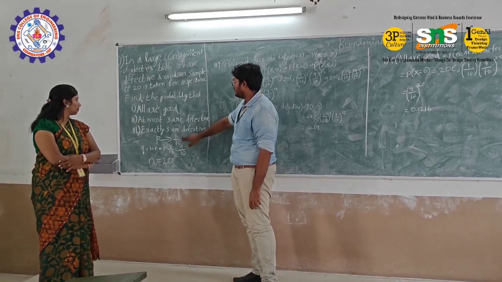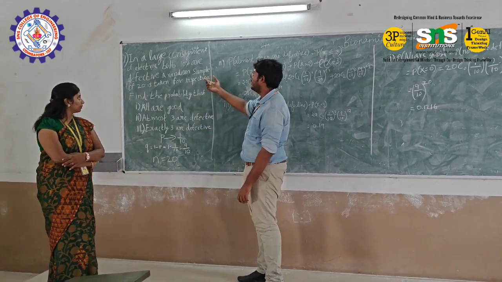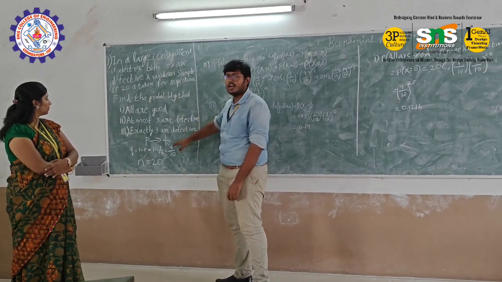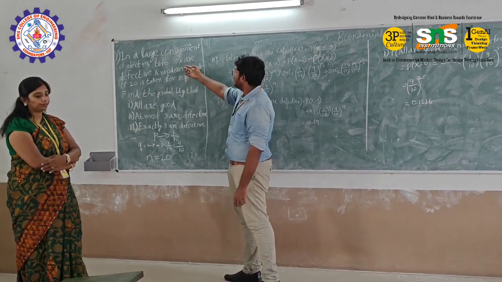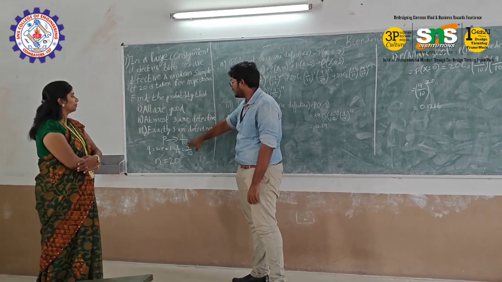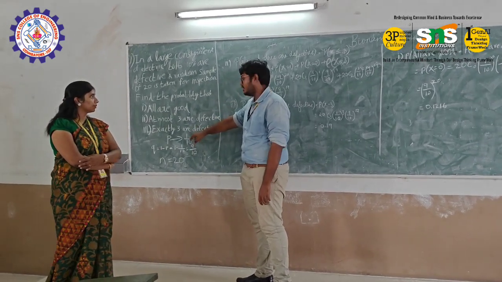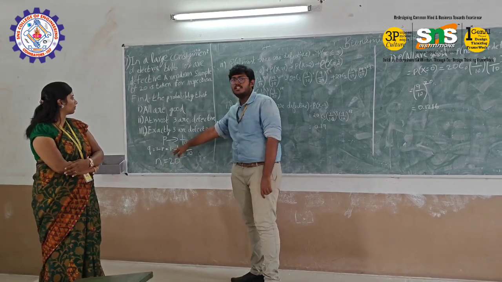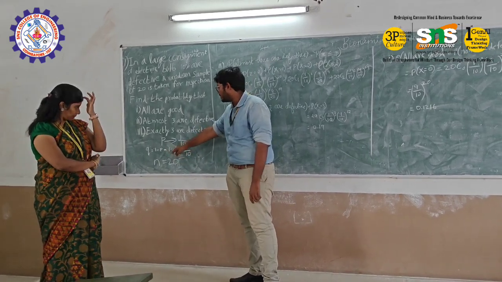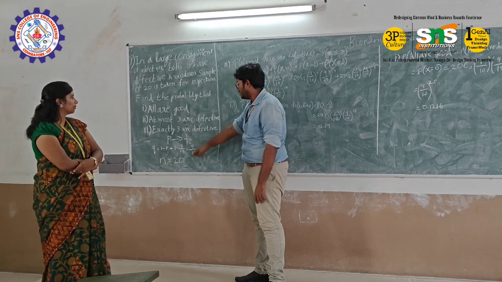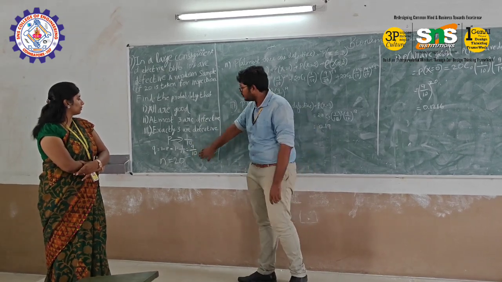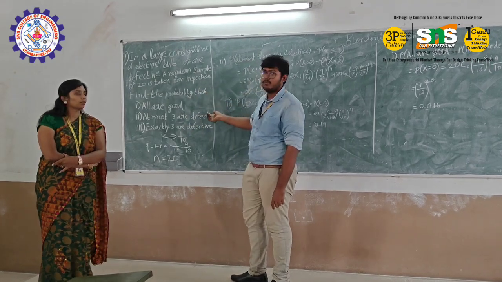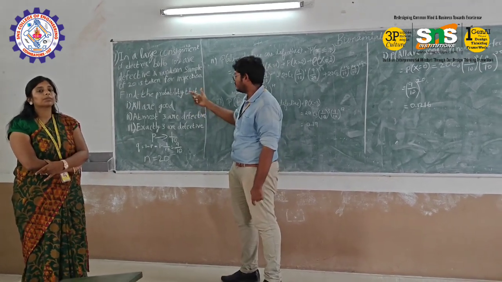P is the probability of getting a defective bulb, so the given percentage goes in the numerator: P is 1 by 10. Then Q is 1 minus P, so 1 minus 1 by 10, which is 9 by 10. N is already given in the question, which is our sample size, 20.